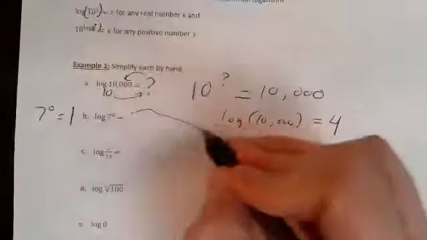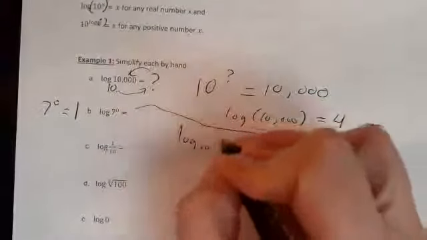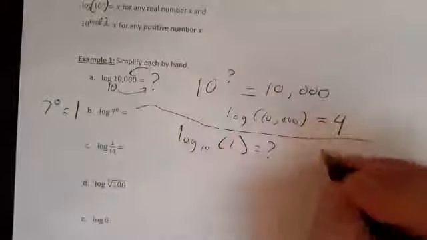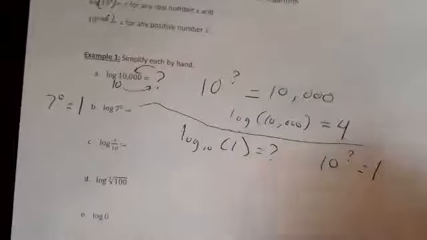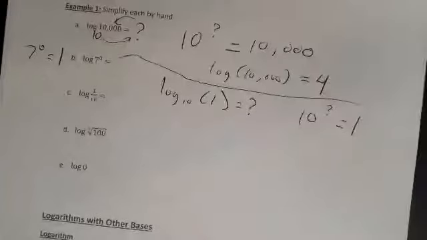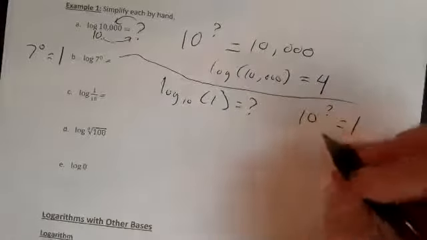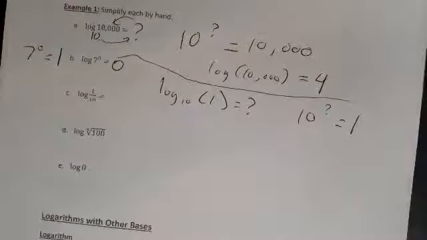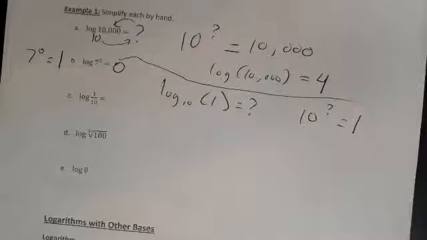And so if I'm thinking about this, if I think about log base 10 of 1, this is like asking 10 to the what power is going to be 1. Zero? Yeah, so 10 to the 0 will be 1. So if I want to know what this is going to be, 0. So log of 7 to the 0 is equal to 0.